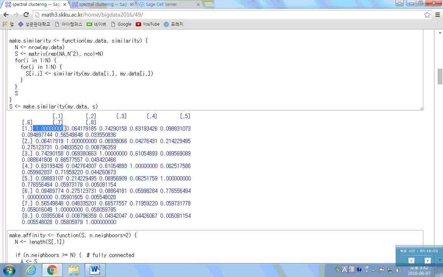This means the point related to itself, the first point and the first point. So they are the same point, so their similarity is 1, very close, in the same position. This means they are a little bit close, but this means they are very far.